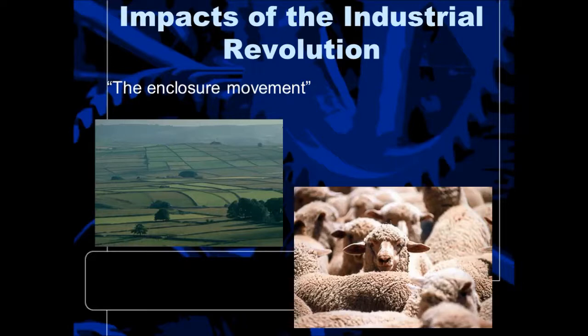So they would make a lot more money off of it, and again, you didn't have to worry with tenants and are they paying their rent, or are they tearing the property up, that kind of stuff. So this became called the enclosure movement because people literally enclosed their land. They put fences up and kicked the peasant farmers off the land. So the enclosure movement basically destroyed cottage industries.